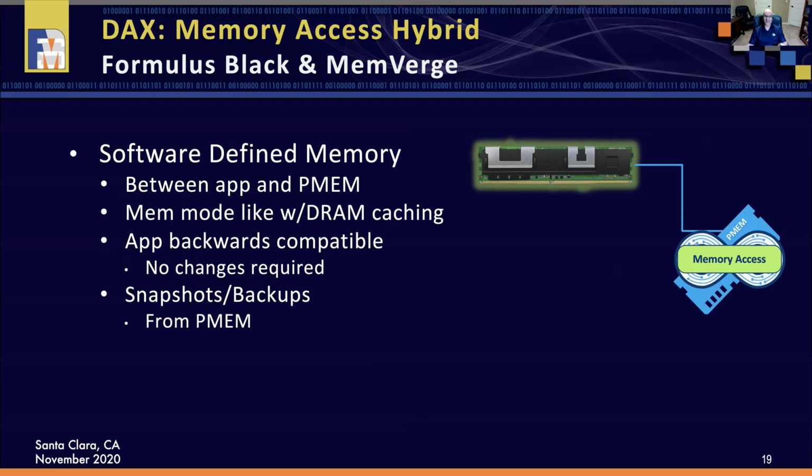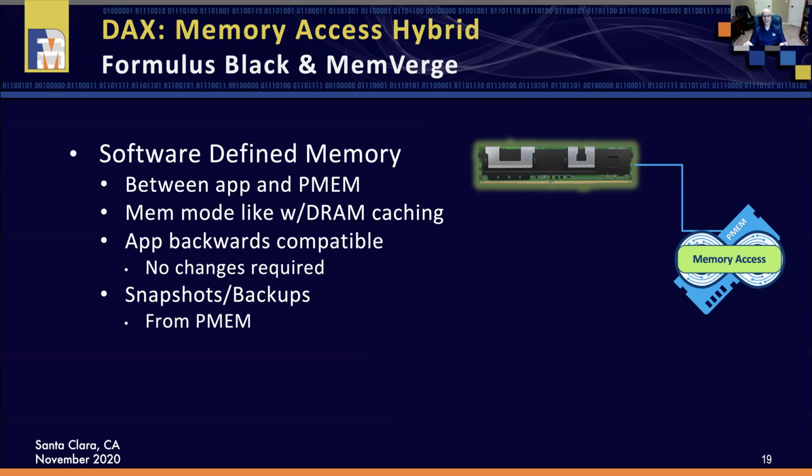It's non-volatile, but it looks and feels to the applications like one memory pool. They virtualized it and turned it into a pool, so you don't have to make any changes to the application. It's backwards compatible. That means no rewriting of the application, no scripts, no change of the code. Just run the software, run the application, and go.